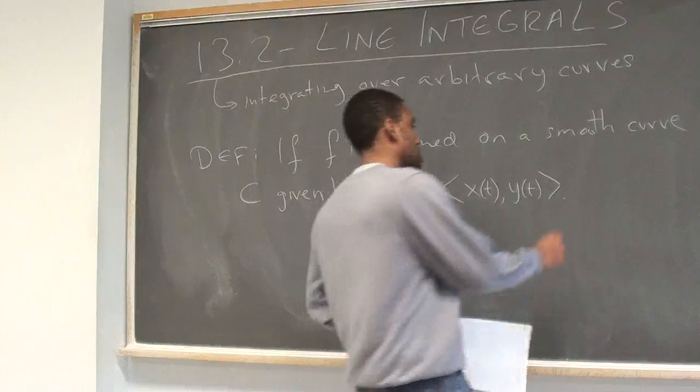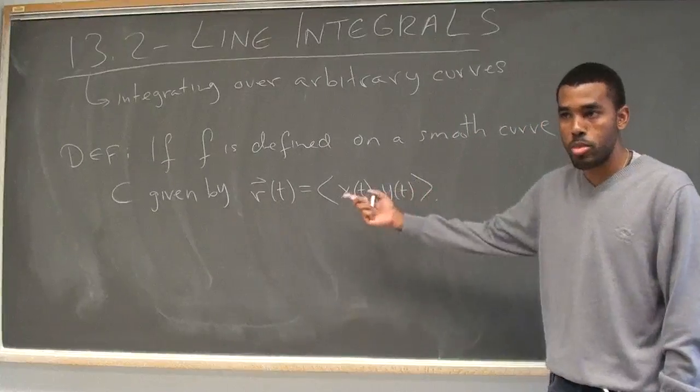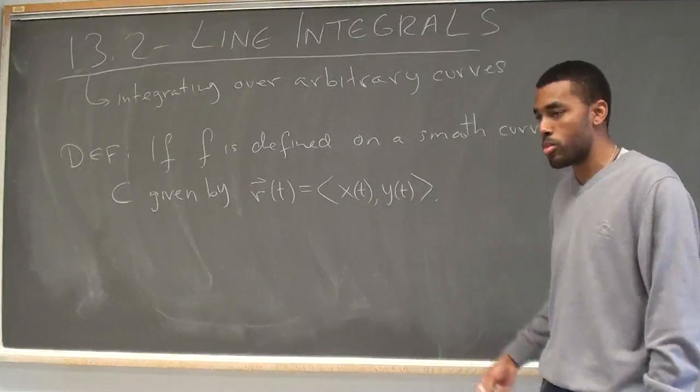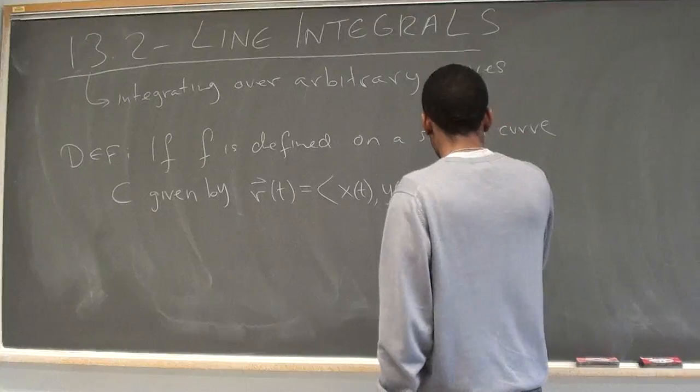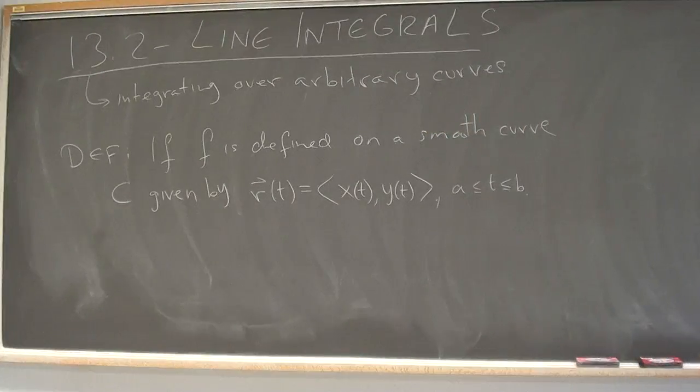All right? So let's say you have some curve that I call C, and it can be parameterized by this vector function, right? I can actually give you a formula for this curve on some t interval, right?